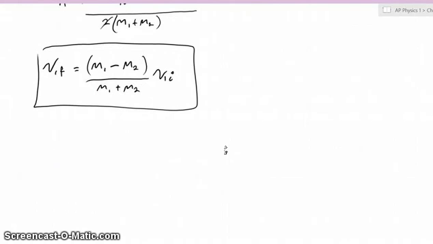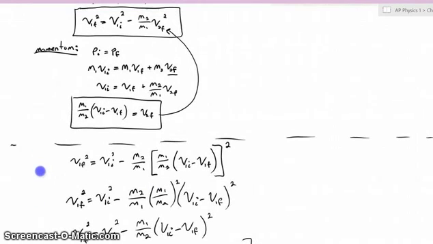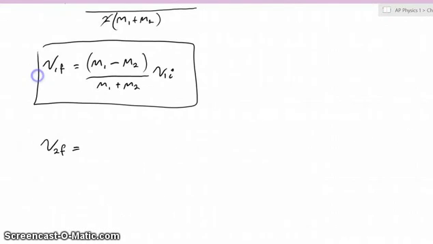We can find velocity final 2 by remembering that we had an equation for it that was related to v1 initial and v1 final. And we'll have to substitute.